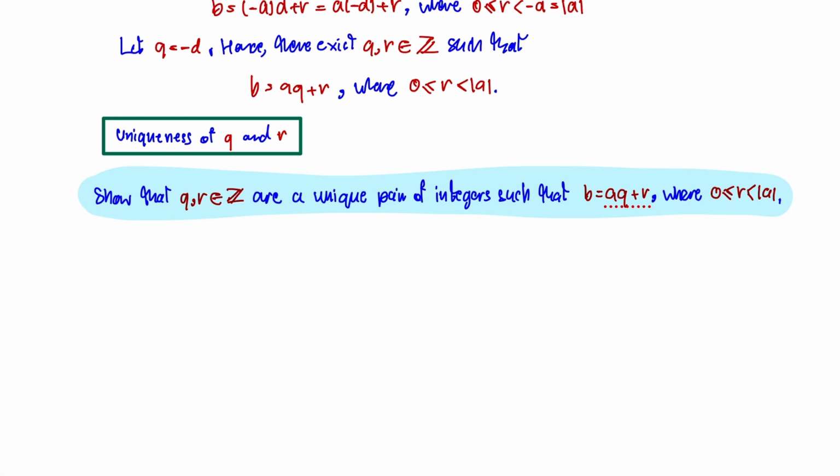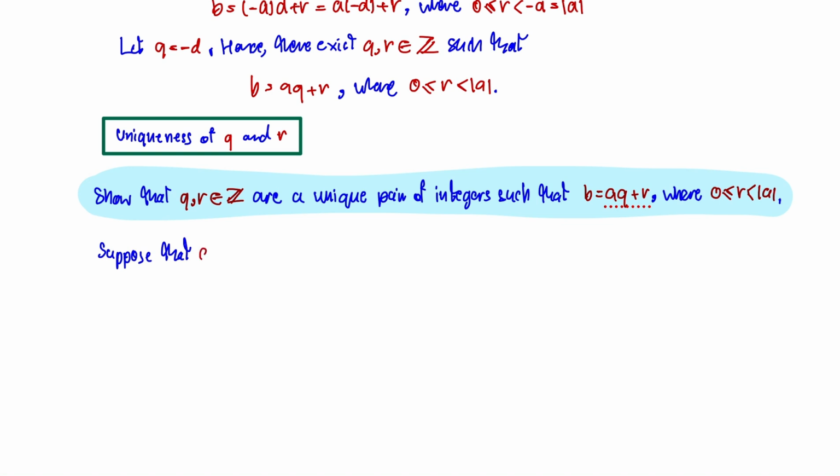To show uniqueness, we can suppose that there are two pairs, Q and R, and Q prime and R prime, and show that they are equal.